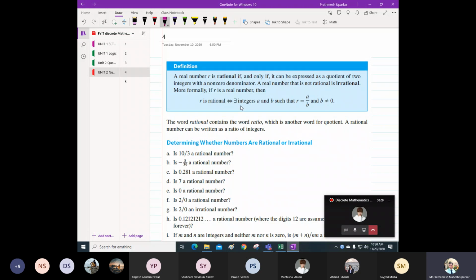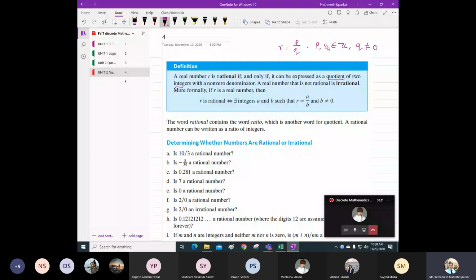Rational numbers are those numbers which can be expressed as a quotient of two integers. Quotient of two integers मतलब हमने क्या बोला था? R must be equal to P upon Q, where P, Q belongs to the set of integers and Q not equal to 0.